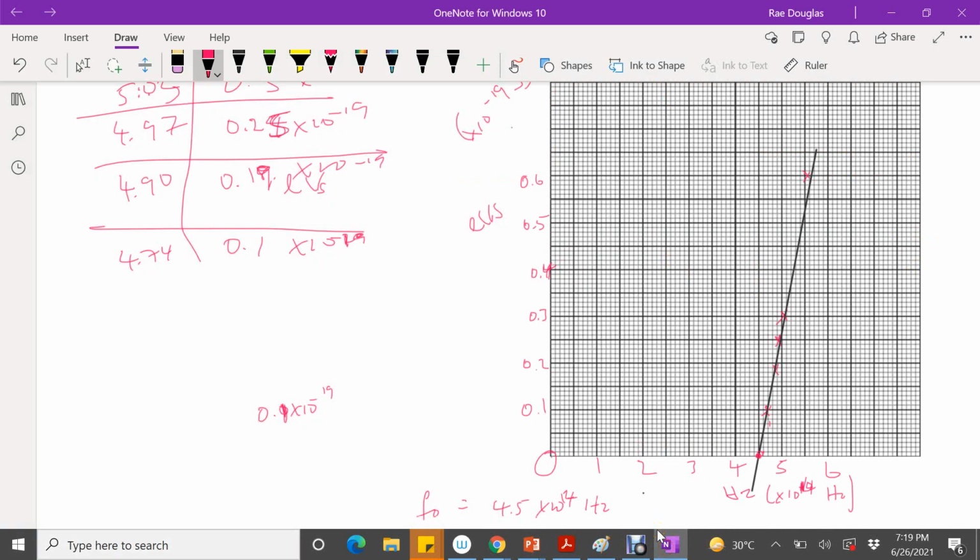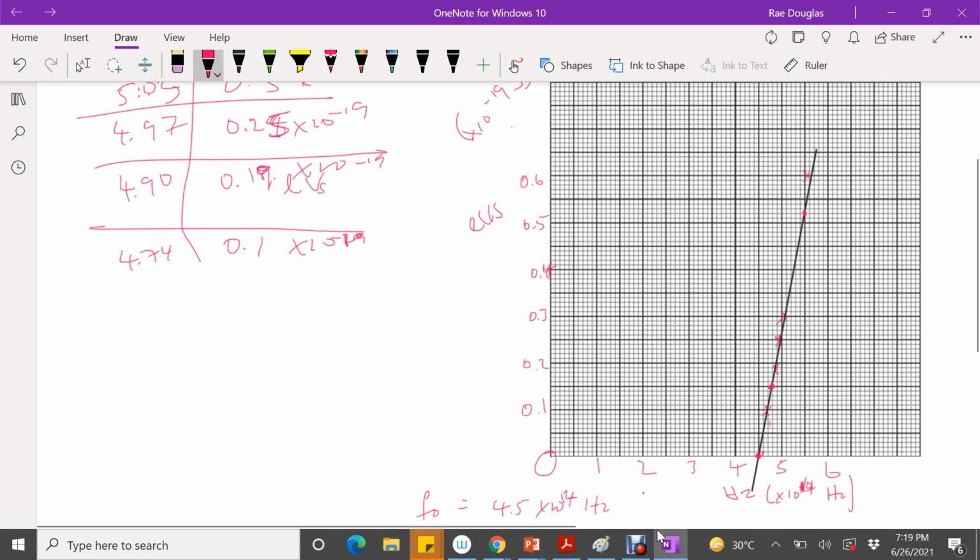So in essence, now you just need to pick 2 points on the line. The point I'm going to pick is a point that I did not plot. So that's the first point. Then I'll pick this as my second point.